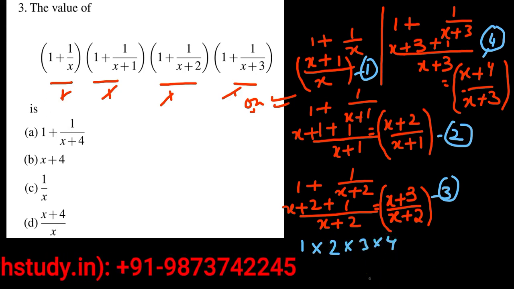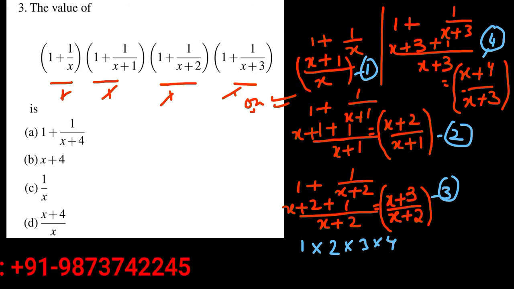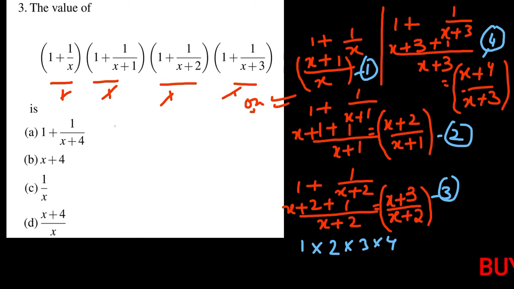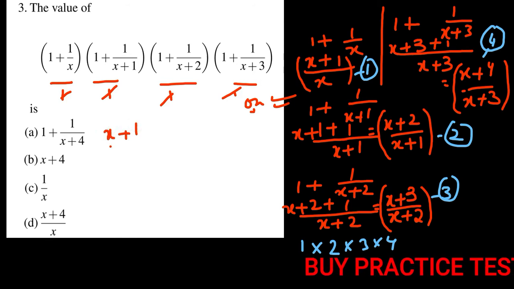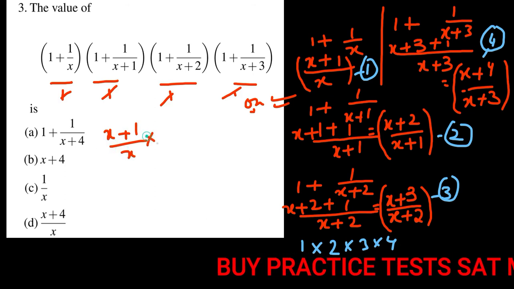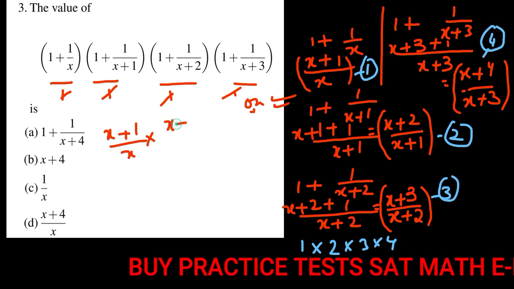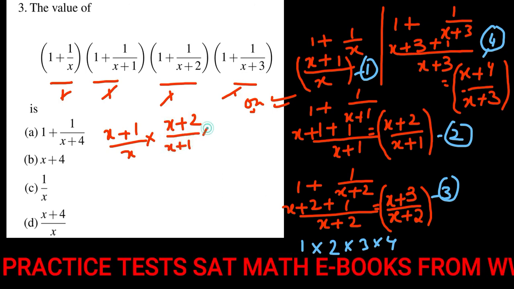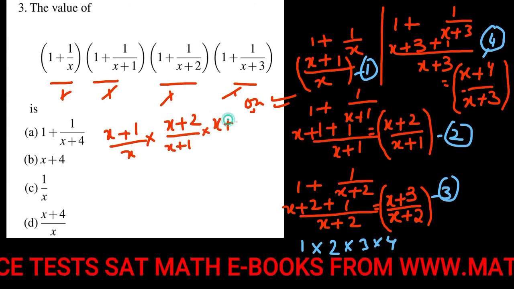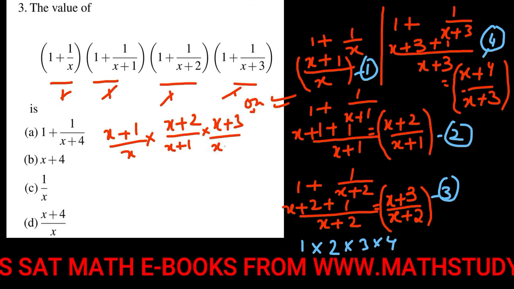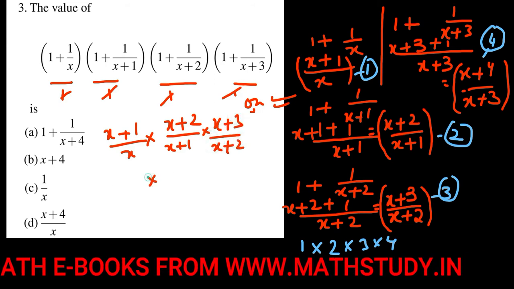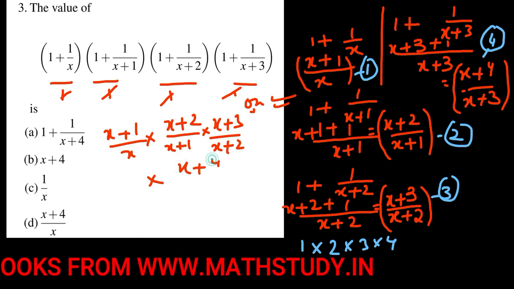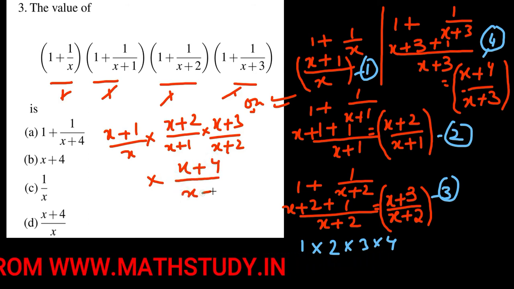If we see the pattern here, what we will get here now, see: (x + 1)/x into, the second term is (x + 2)/(x + 1) into (x + 3)/(x + 2) into (x + 4)/(x + 3), right?